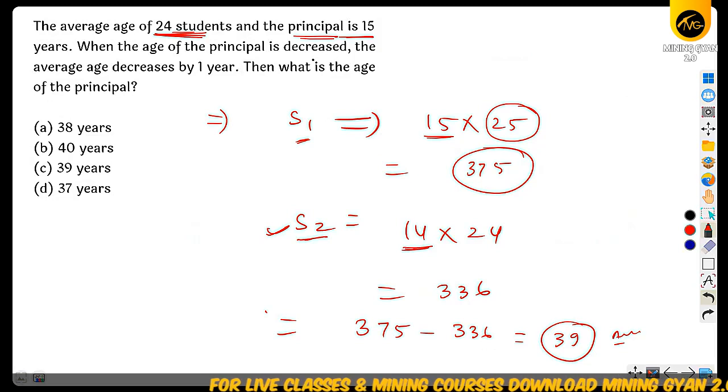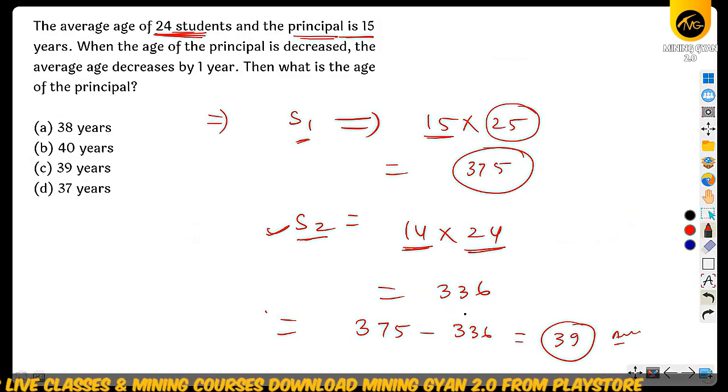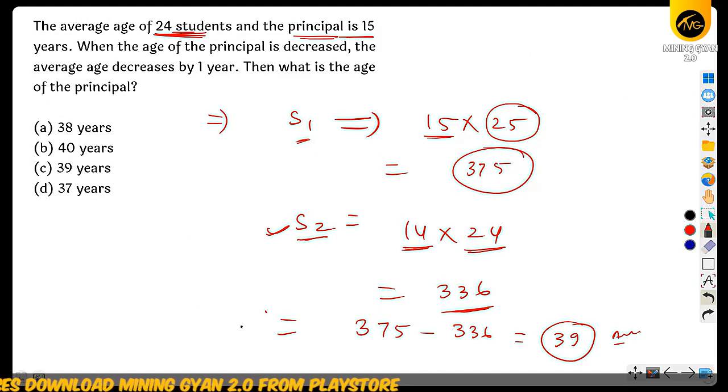Now just remove the principal from the total elements, so we have the total number of students, 24. So just multiply 14 and 24. So we have 336. Now if you want to find the age of the principal, just subtract this number, and now we have 39 years.